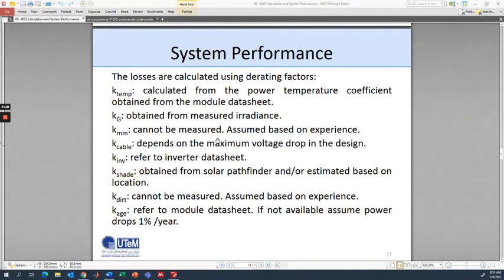Some of them we assume based on experience. Most of these I have covered in past lectures, so you just need to refer back to the relevant part, and you can ask me later if you have any further questions. Just as a reminder for aging, we need to refer to the aging rating factor from the module datasheet. If it's not available, then we assume the drop is about 1% per year.